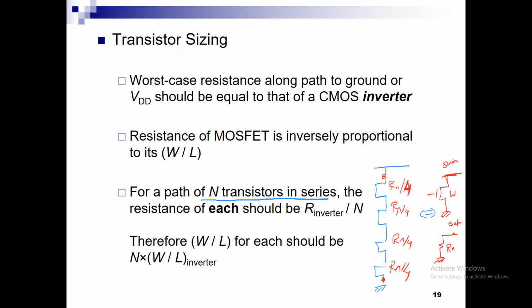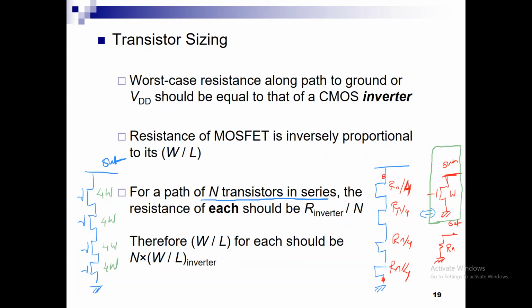Okay, therefore the chain, here I have 4 of them, therefore the chain should be size times 4. This is the output of the pull down network, and here I should have 4W, 4W, 4W, 4W to match the worst case delay of the inverter whose pull down was W.